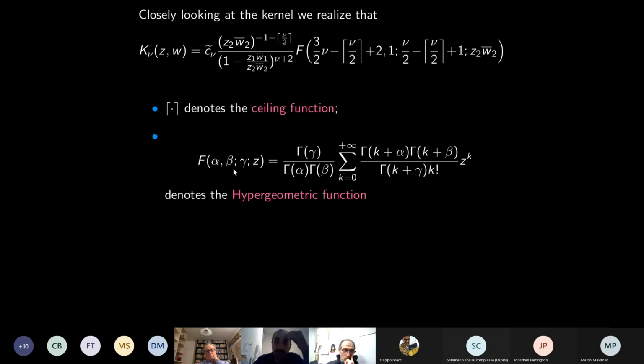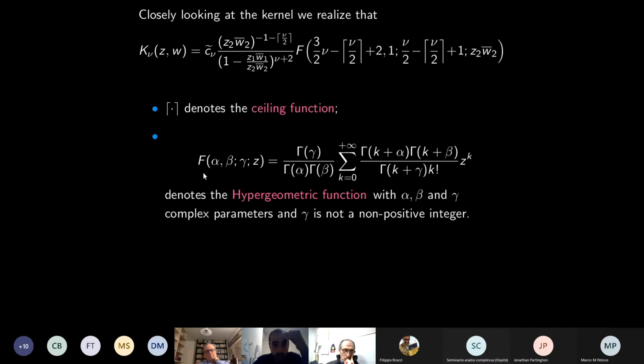We have alpha, beta, gamma that are complex parameters, but we require that gamma is not a non-positive integer, because otherwise it is not well defined. It is defined by this power series when z belongs to the unit disk. For us, here we have z2 w2 bar, which of course is in the unit disk, so it is well defined.